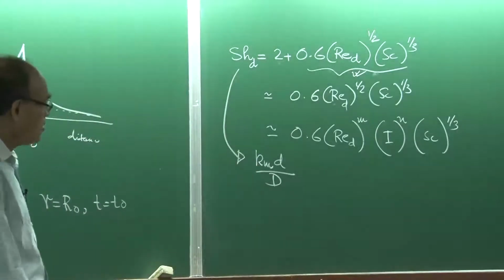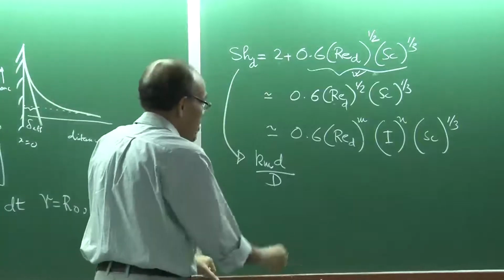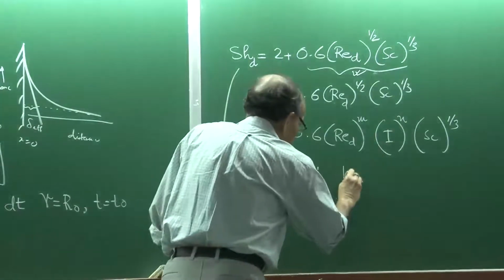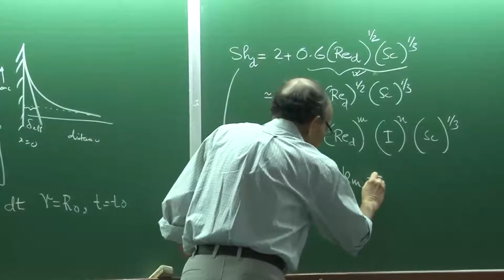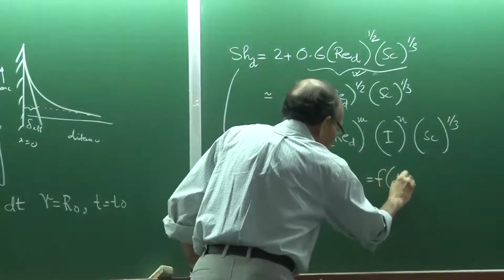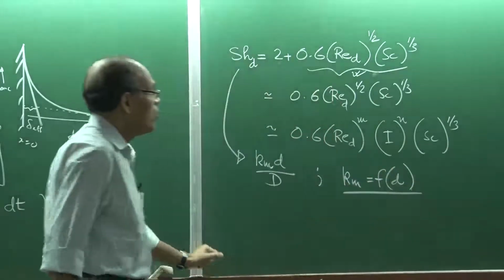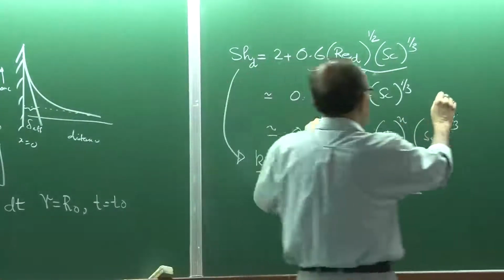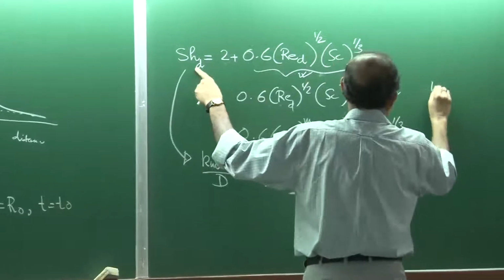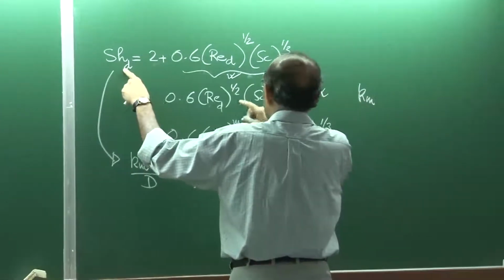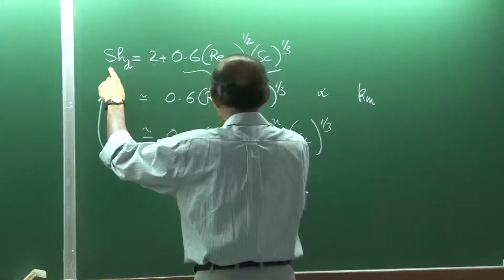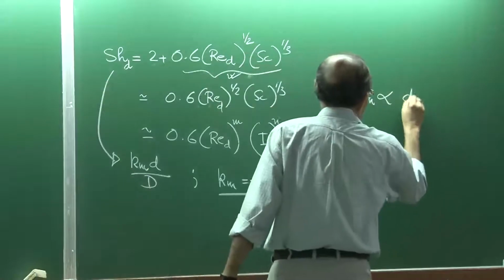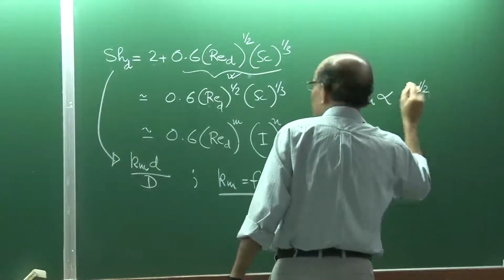But note that if you do this exercise, then obviously Km will come out to be a function of diameter. For example, if you take this correlation, you will see that Km will come out to be proportional to particle diameter raised to the power minus half.